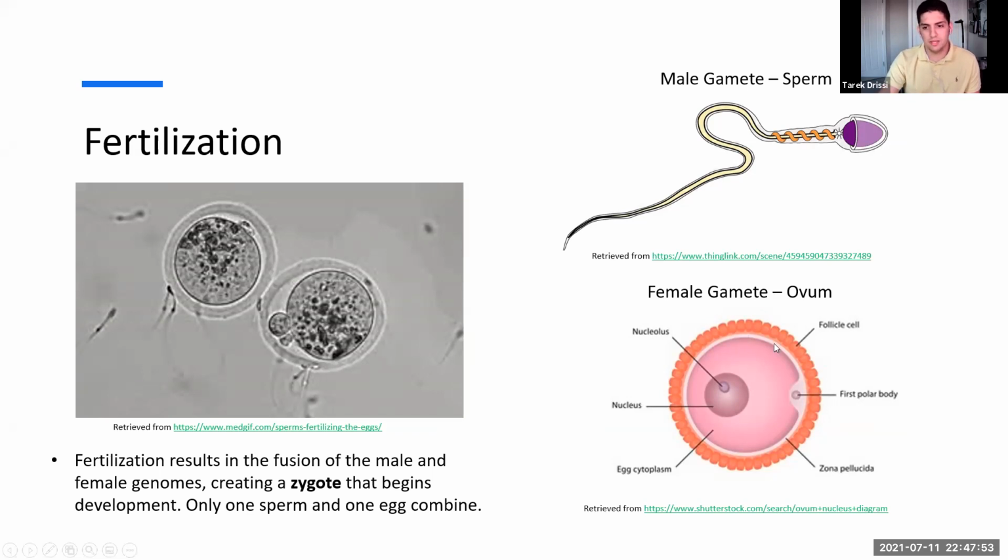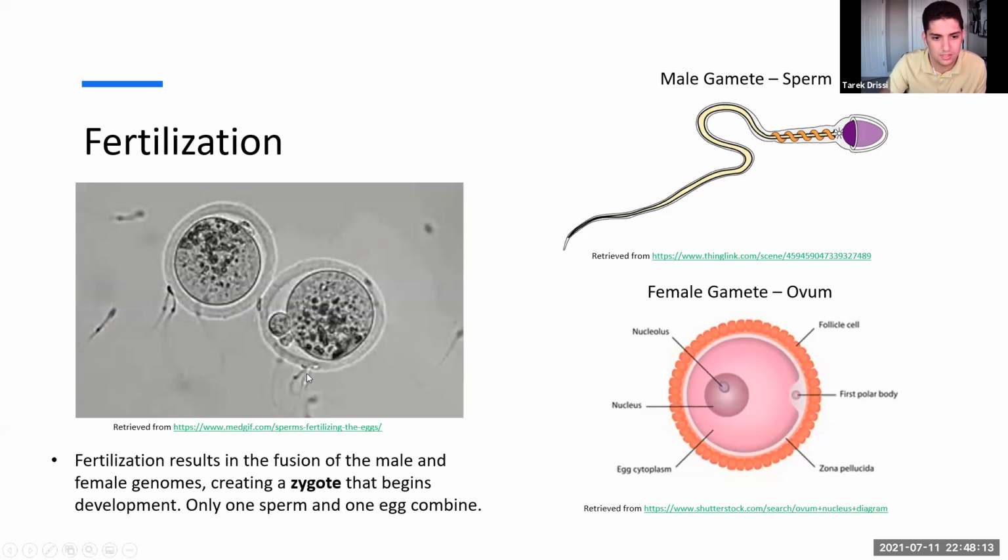Within the egg, there are secretory granules, which line the very outside membrane. The surface of the egg here is called the Zona Pellucida.